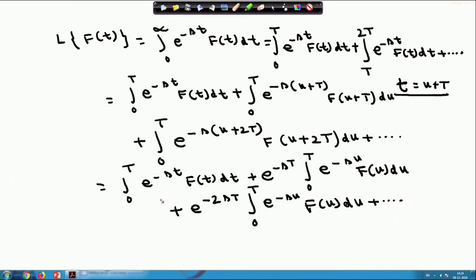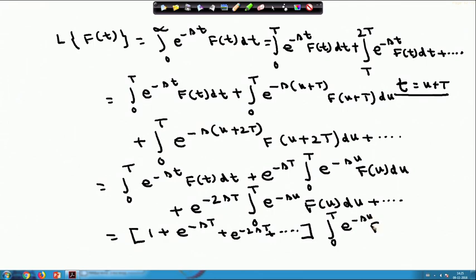So from all of them, if you see, you can take common this integral, 0 to T of e^(-su) f(u) du. This I can take common from all the integrals. So, this equals 1 plus e^(-sT) plus e^(-2sT), and so on, an infinite series, times the integral from 0 to T of e^(-su) f(u) du.